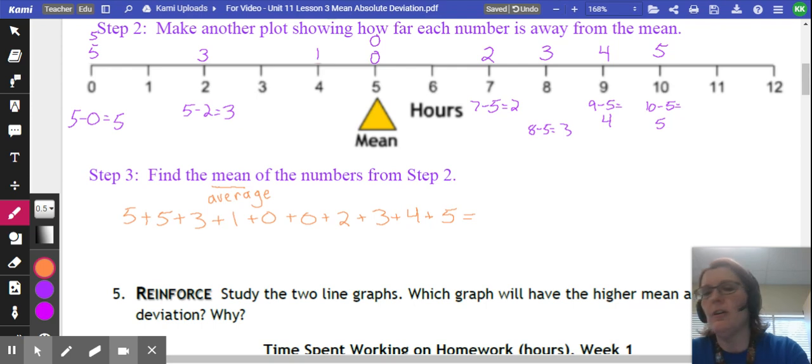And I always go back and double check to make sure that I have not missed a number. 5, 5, 3, 1, 0, 0, 2, 3, 4, 5. So I did not miss any numbers. When you find the average, you add them all up. When I add them, I get 28.